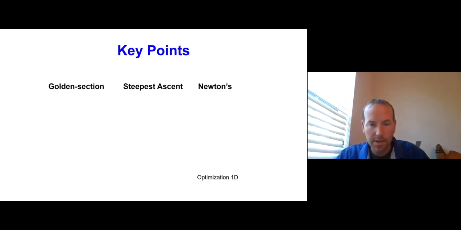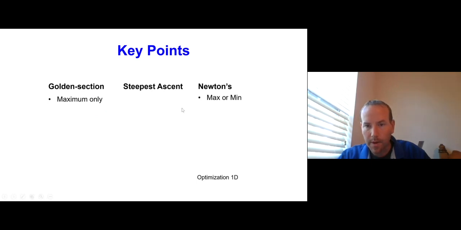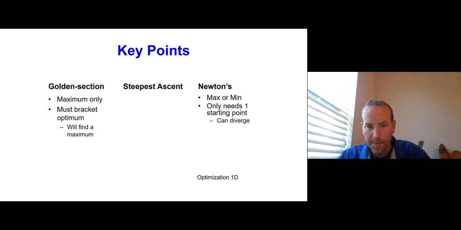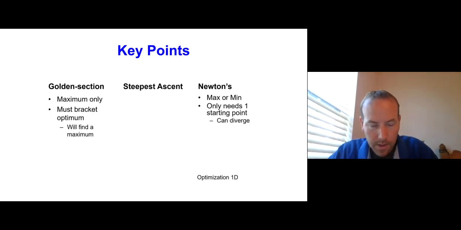So to summarize these methods that we've talked about, golden section only calculates maxima, whereas Newton's method calculates maxes or mins. The golden section rule must bracket the optimum, so you need to know lower and upper bounds that surround that maximum.